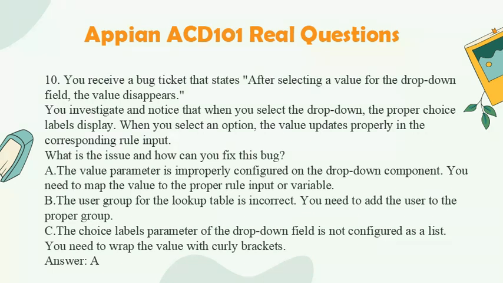A. The value parameter is improperly configured on the drop-down component. You need to map the value to the proper rule input or variable. B. The user group for the lookup table is incorrect. You need to add the user to the proper group. C. The choice labels parameter of the drop-down field is not configured as a list. You need to wrap the value with curly brackets. Answer: A.